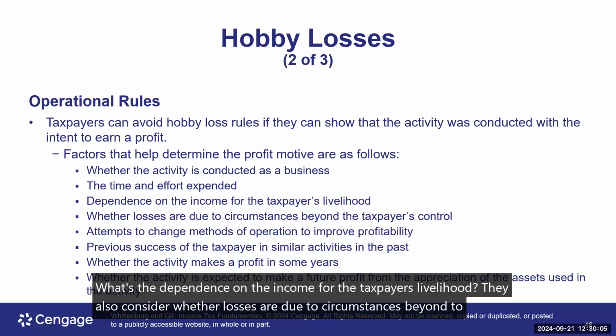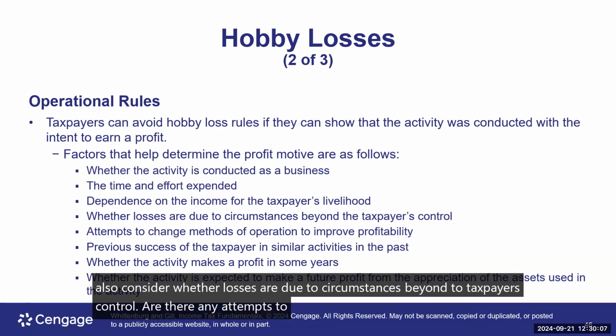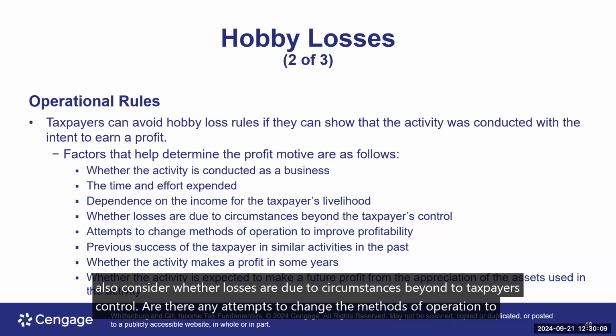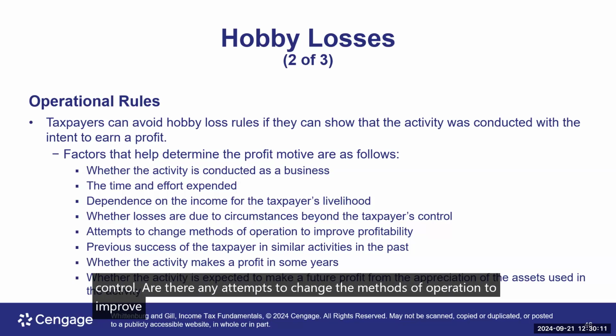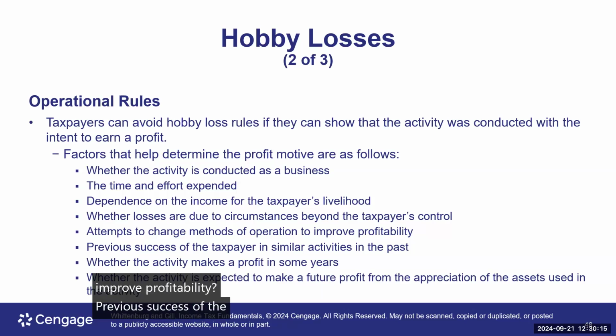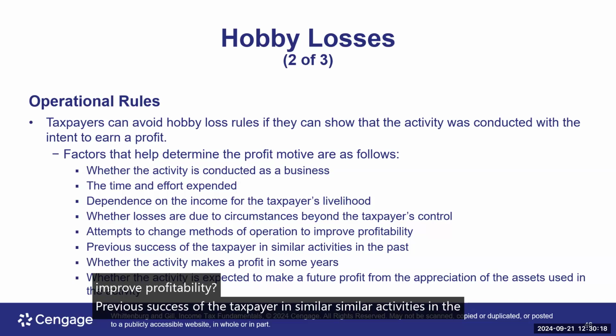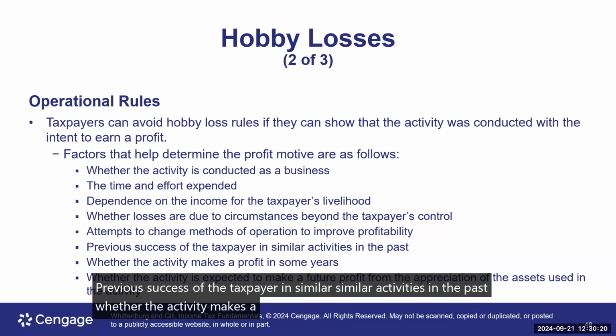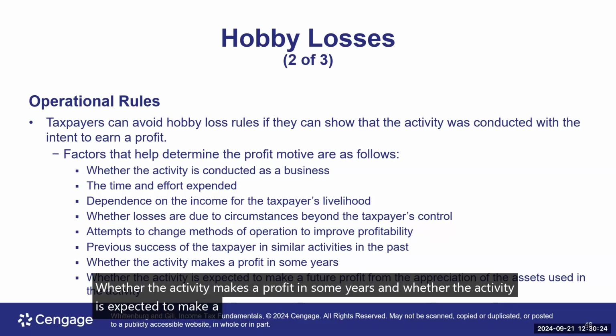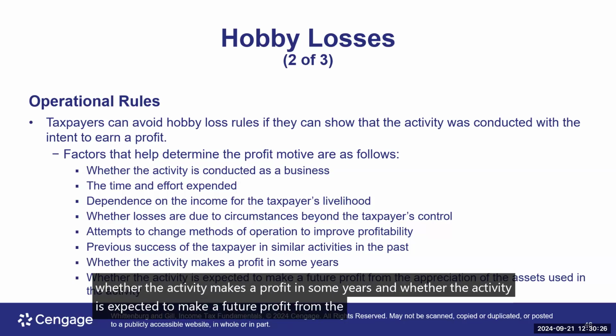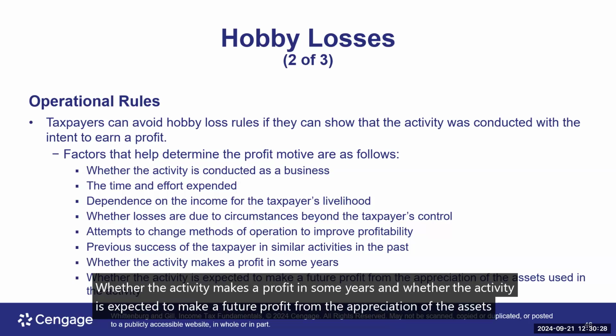Are there any attempts to change the methods of operation to improve profitability? Previous success of the taxpayer in similar activities in the past, whether the activity makes a profit in some years, and whether the activity is expected to make a future profit from the appreciation of the assets used in the activity.